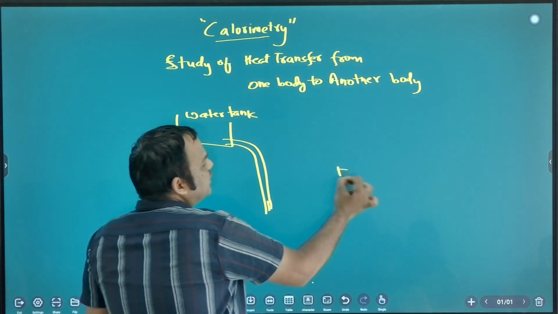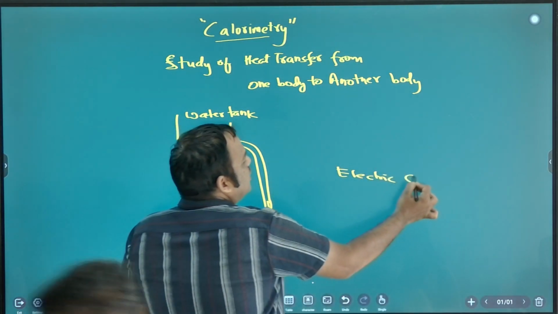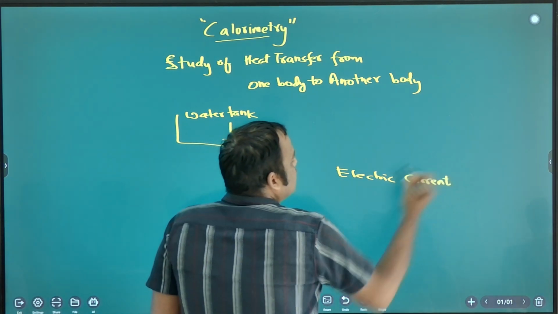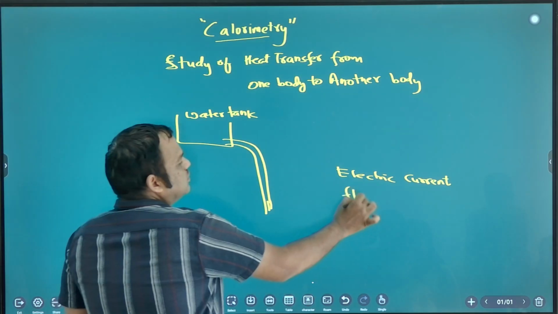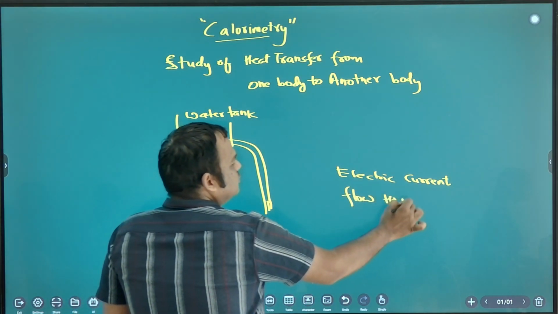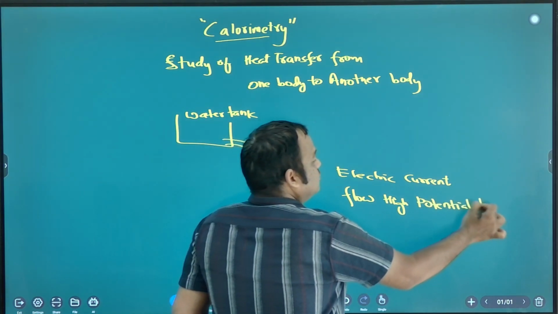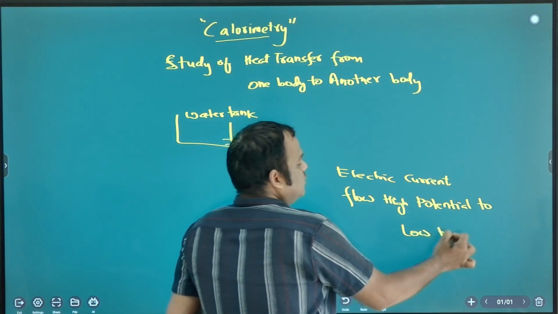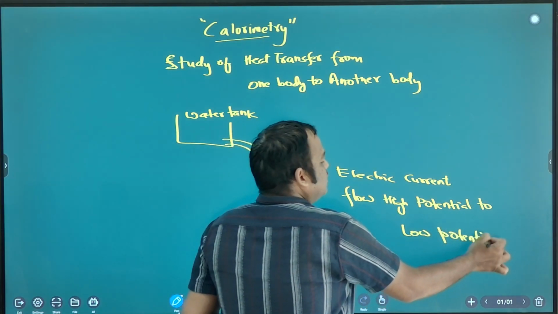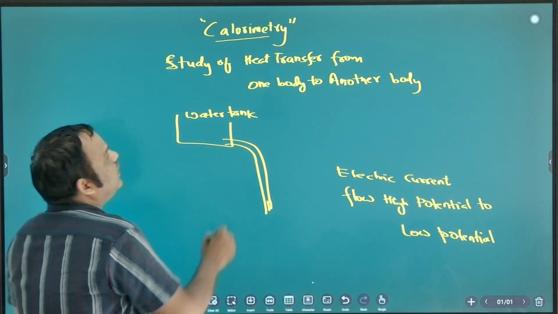Similarly, electric current flows from high potential to low potential. So similarly, we have heat also.